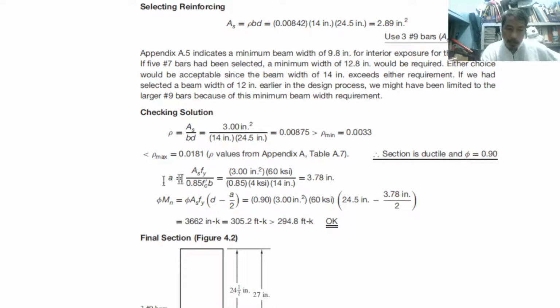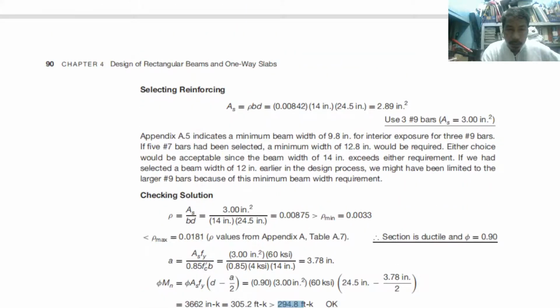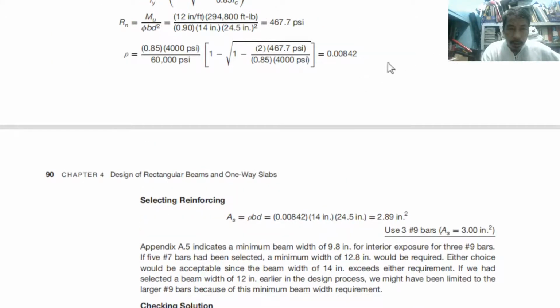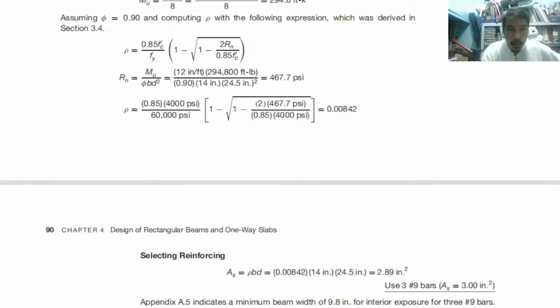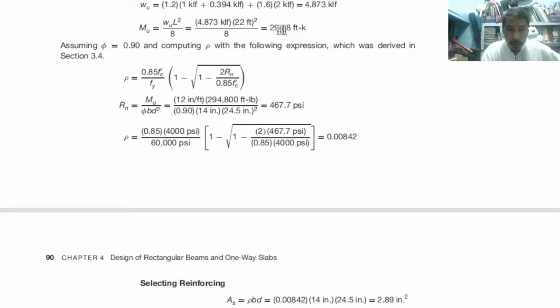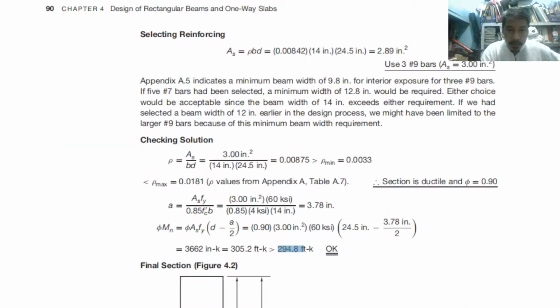Find out the value of a. Do the same thing as in the previous module. Therefore, we can find the value 305. And 305 must be less than the MU. So our calculated MU is how much? 294.8.